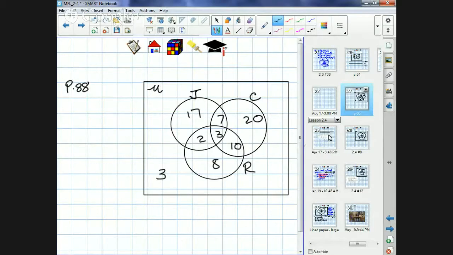So this is interesting here, because if you look at the survey numbers, it says 29 like jazz, 23 like rock, and 40 like classical. So you wouldn't add those total numbers up.